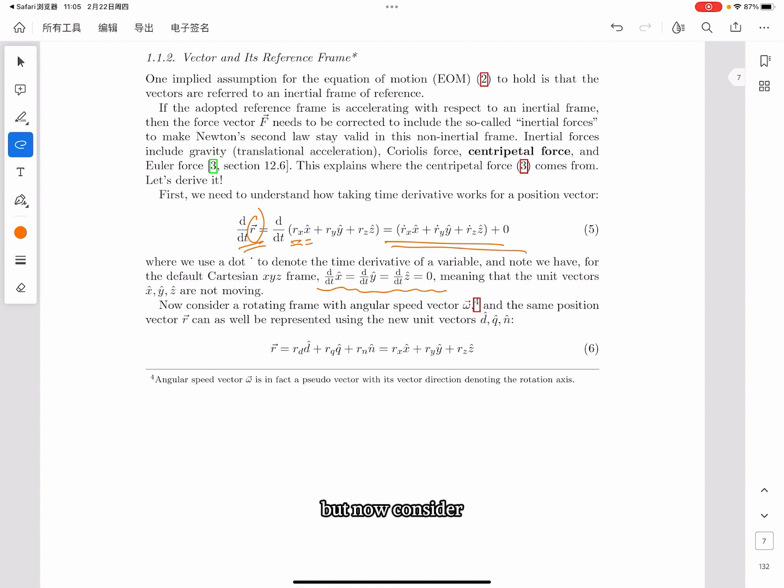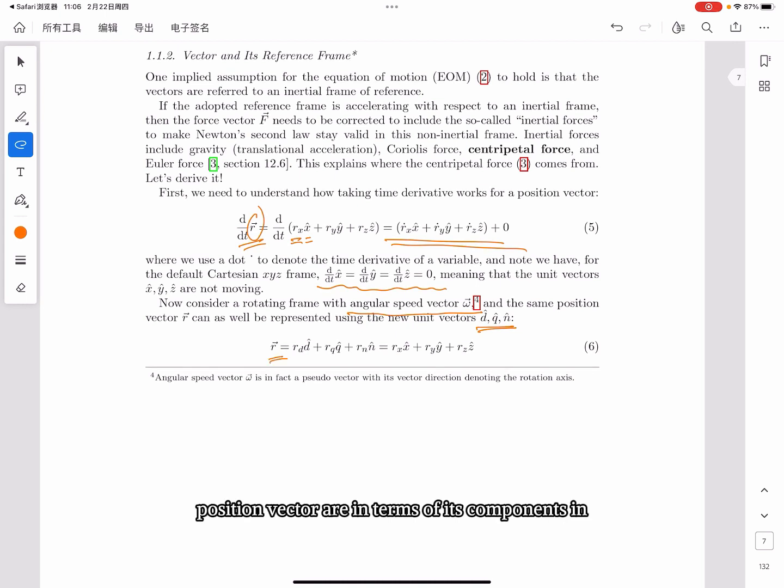Now consider a different reference frame denoted by dqn that's spinning at an angular speed vector omega in space. We can express our position vector r in terms of its components in the dqn frame and the unit vectors d hat, q hat, and n hat.